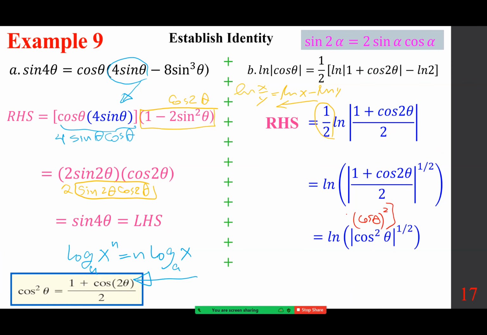And then to the power of 1/2 just gives you cosine theta back. And it's ln of the absolute value of cosine theta. And that is the left-hand side. And that's the proof.